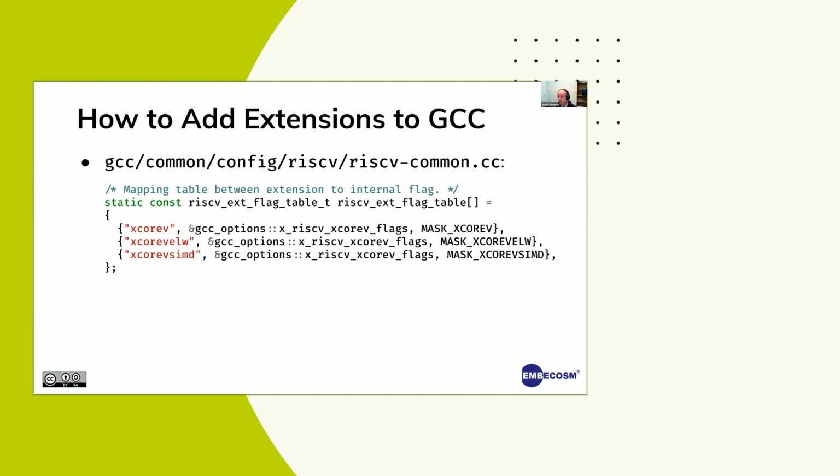If you see ELW, set the mask XCOREV ELW, so set 2. You see XCoreVSIMD, set the mask SIMD, which is 4. So that's how the bit flags get set. And this table will be used by the architecture parsing in the command line to work out which options you specified.